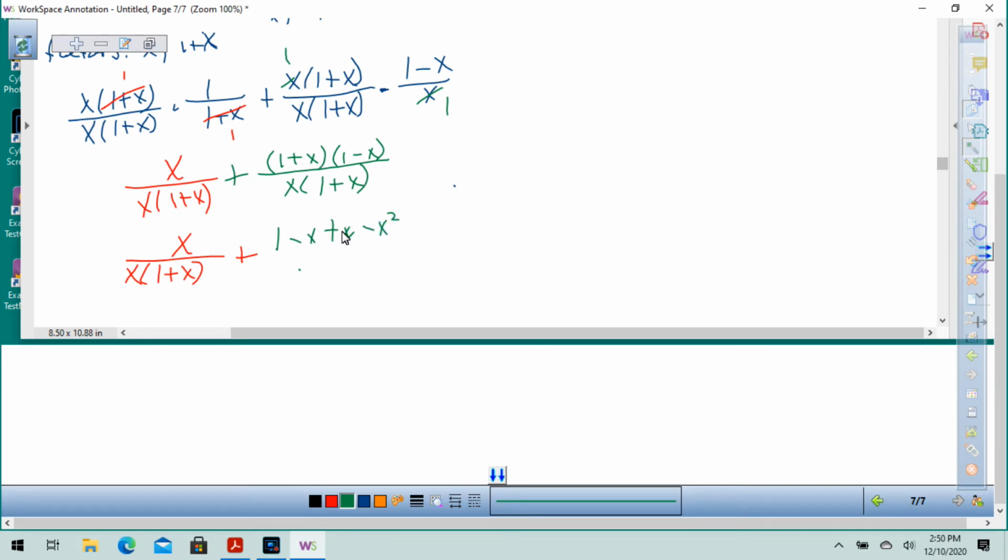Well, when I do that, notice that these two here cancel out. So I'm going to have 1 minus x squared over x times (1 plus x).